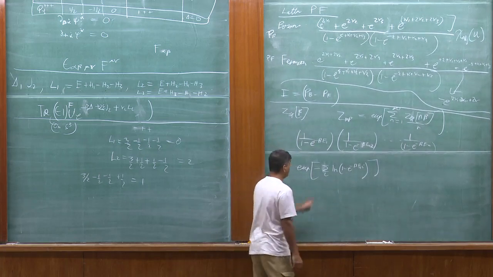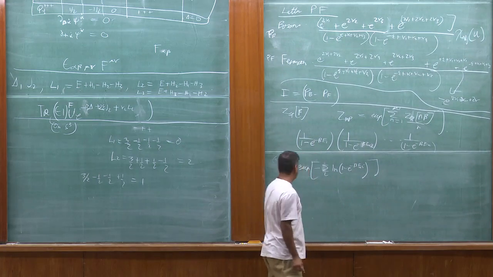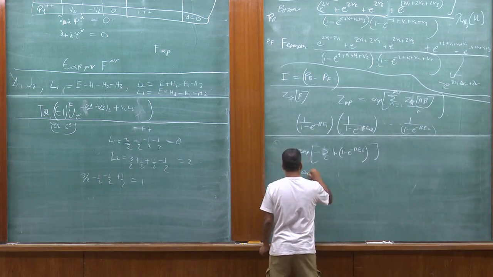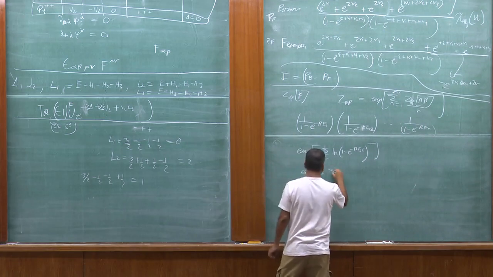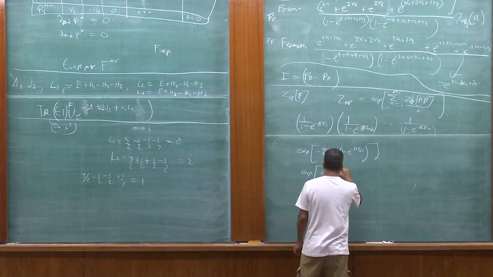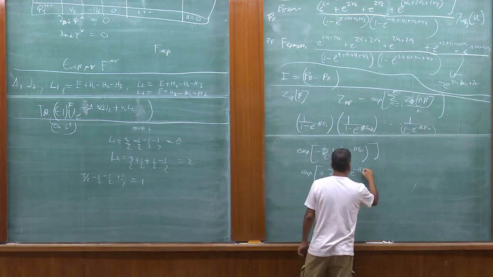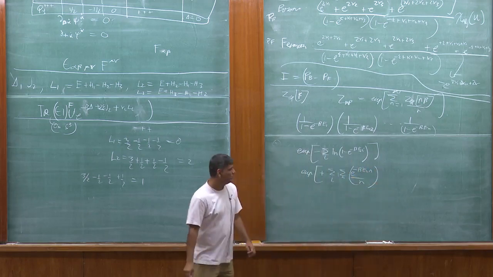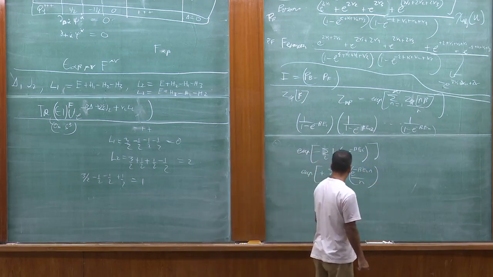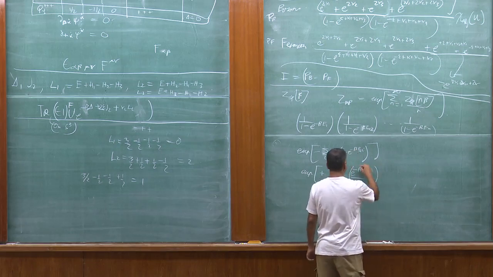Okay? Next, I take the log and power series expand it. This becomes exponential of plus sum over i, sum over n, e to the power minus beta Ei times n, divided by n.